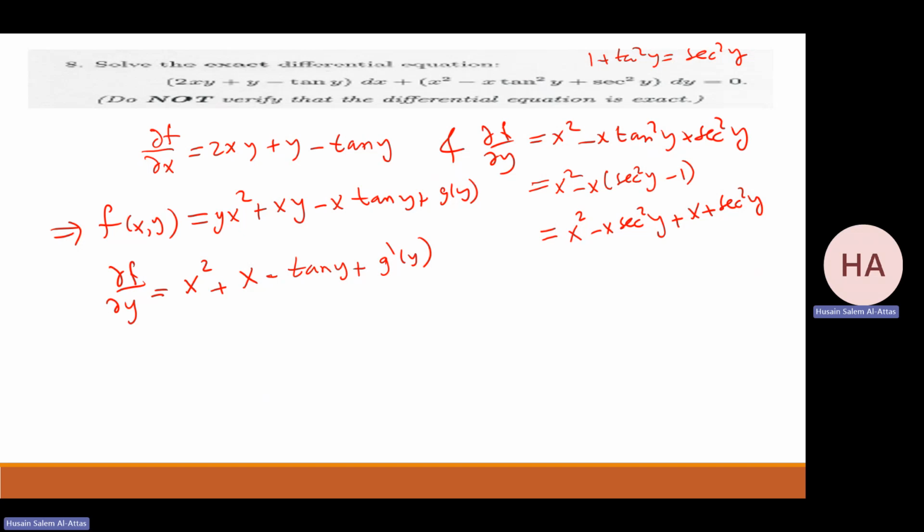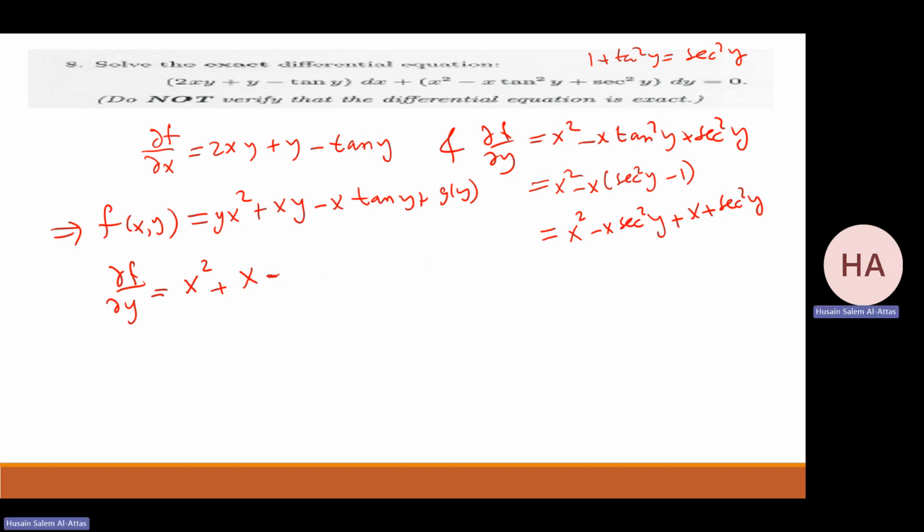So xy plus y minus tan y integrated y x squared. No, sorry. Be careful here. What's the calculation?